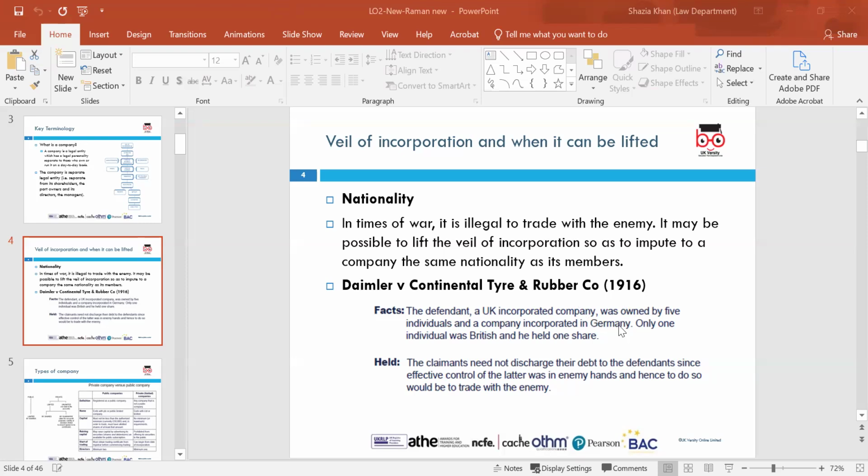When the company incorporated in Germany, only 1 individual was British and he held 1 share. It was held in this case that the claimants need not discharge their debt to the defendants. Effective control of the latter was in the enemy's hands, and hence to do so would be to trade with the enemy.